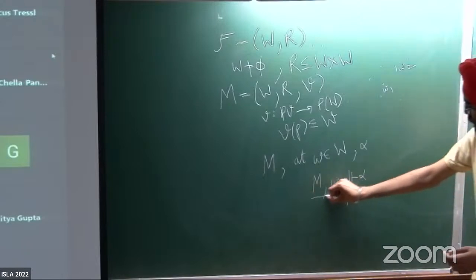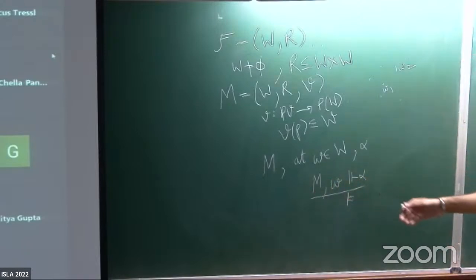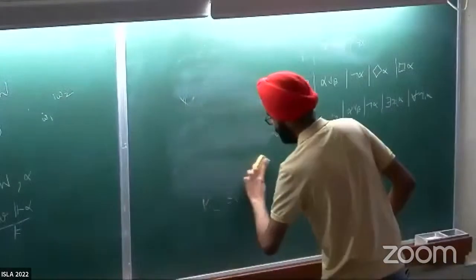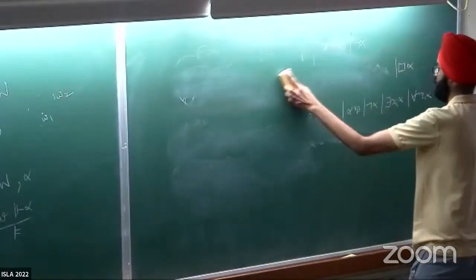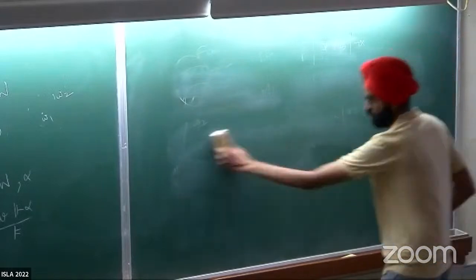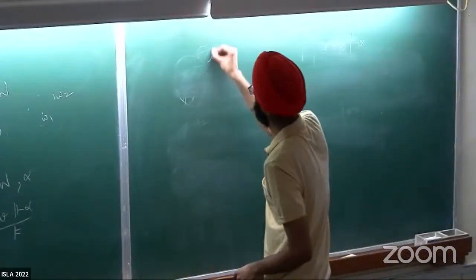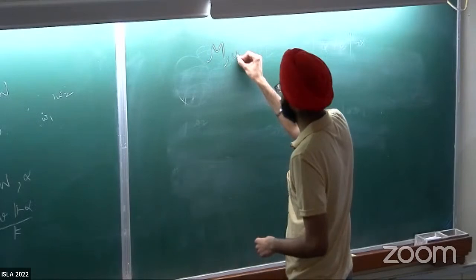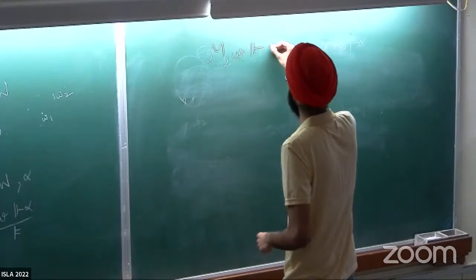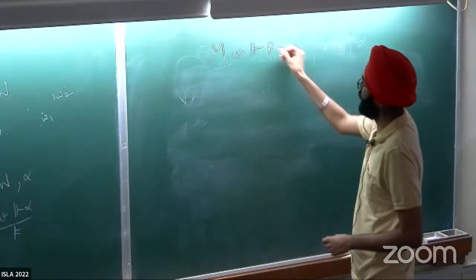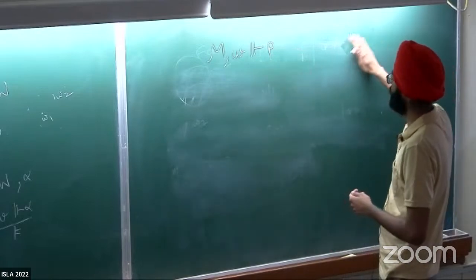Now I will define this. How is this defined in modal logic? Recursively, just like it was defined in propositional logic. Basically, we will initially start with P only. So when do we say that this is true at a certain world in the frame?